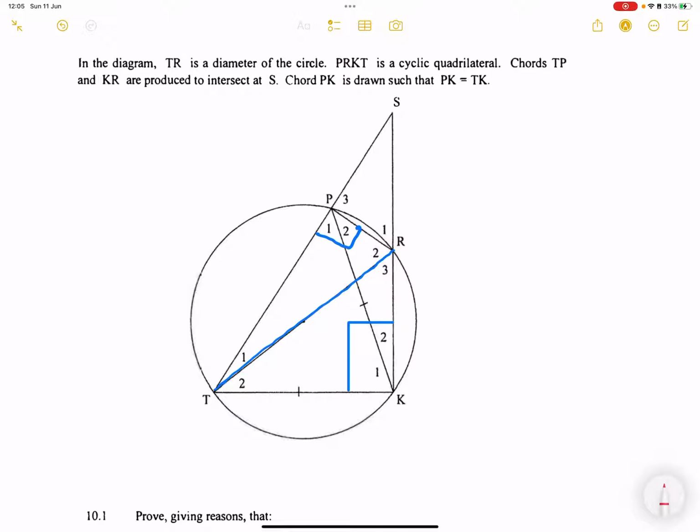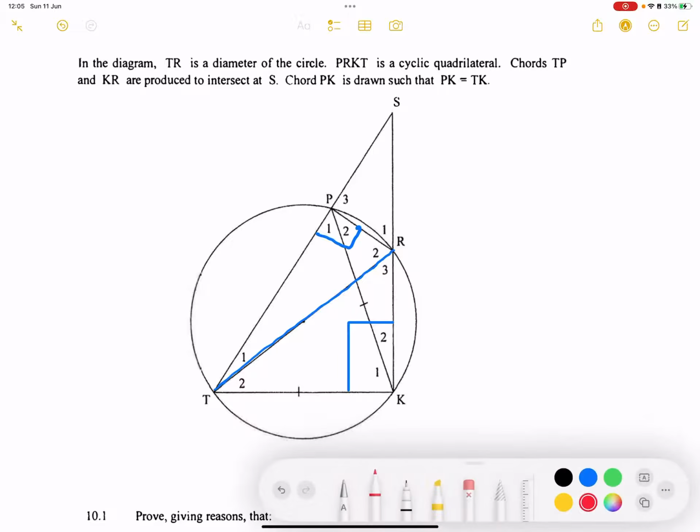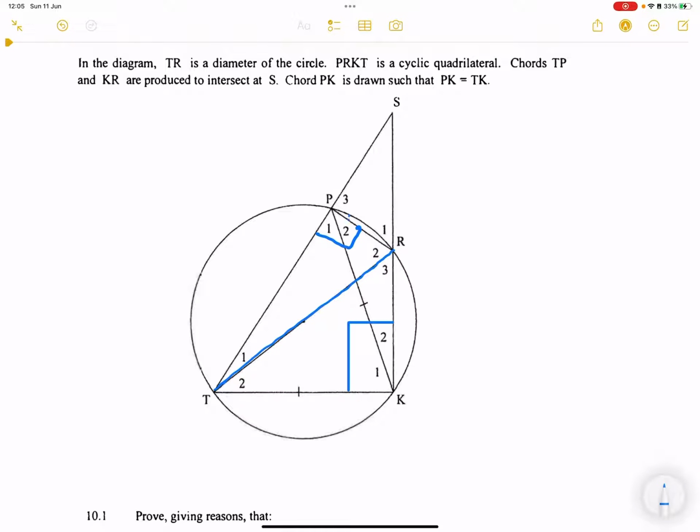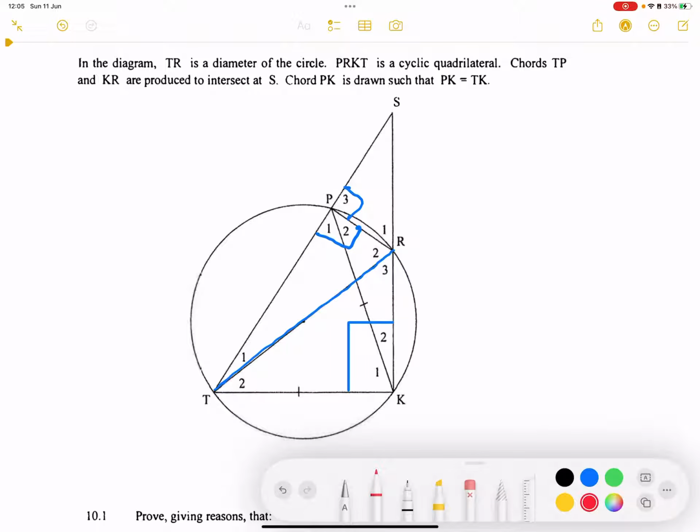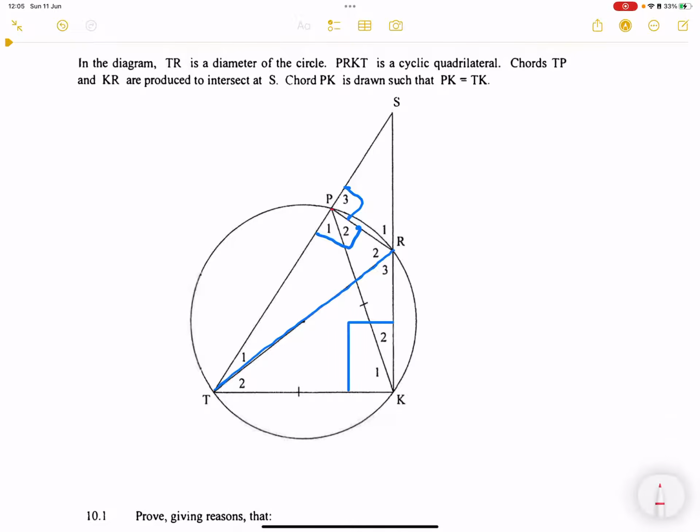First of all, I would notice in this case that P3 should also be equal to 90 degrees. So this angle here, which is P3, should give us 90. And you can say exterior angle of a cyclic quad. Let me just highlight that cyclic quad that we have there.